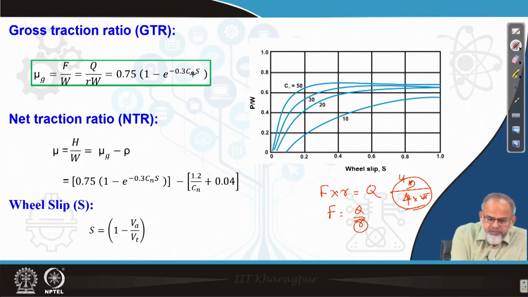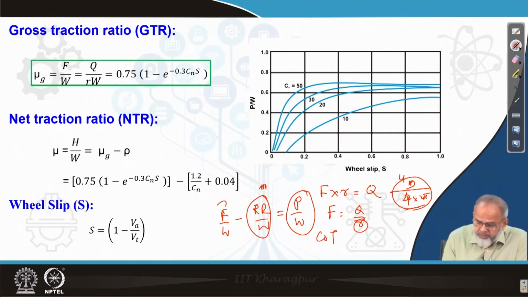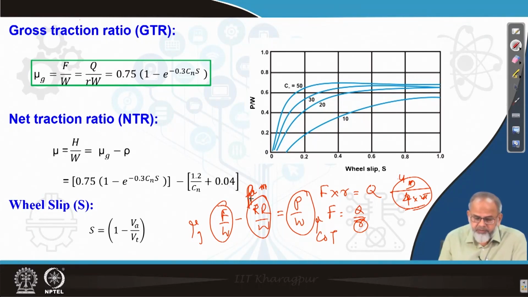Once you know the gross traction ratio, if you deduct the rolling resistance ratio, rolling resistance R by W, that will give you pull by W. That means this is your coefficient of traction. This is your motion resistance ratio, MR, and this is mu G. Mu is the coefficient of traction and rho is the rolling resistance.